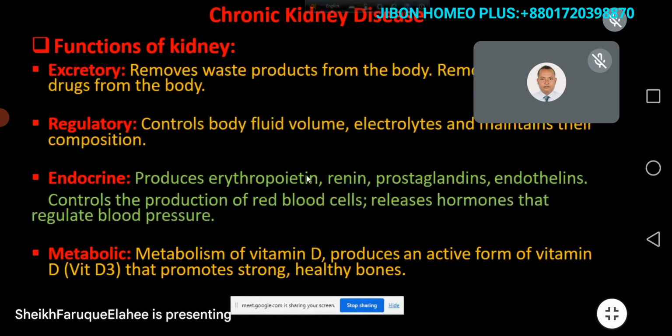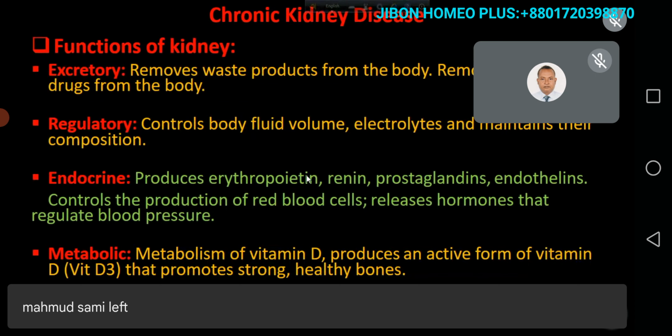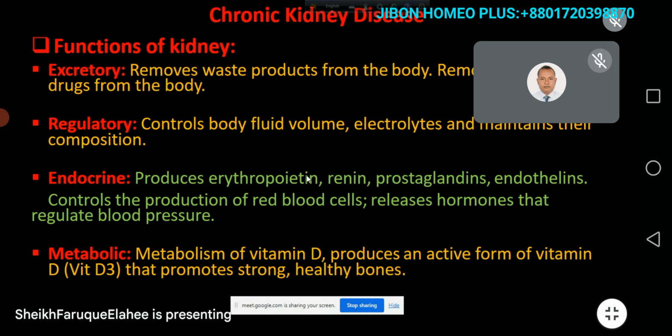So the person will have anemia and more anemia. He may have say 10 gram, then 7 gram, then 5 gram, and 3 gram, and he will have anemic heart failure, and he will die. He will die not of kidney failure, he will die from heart failure. And why does this happen? Because the kidney is not producing enough erythropoietin.